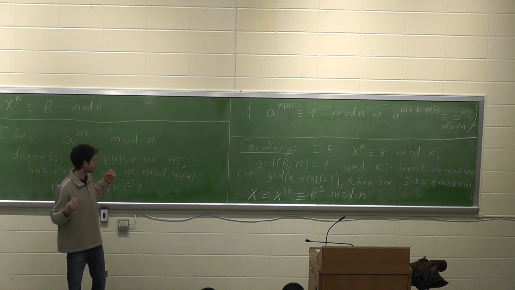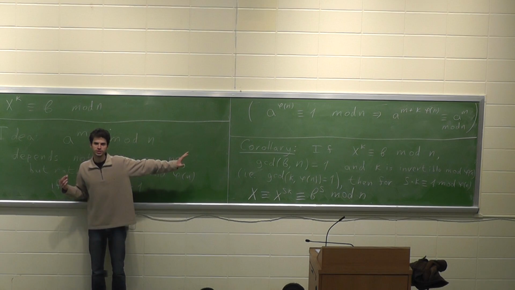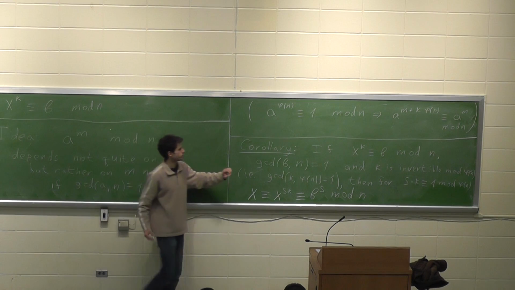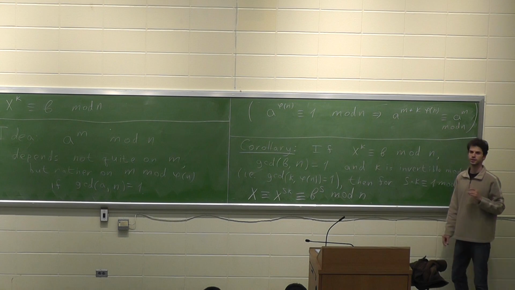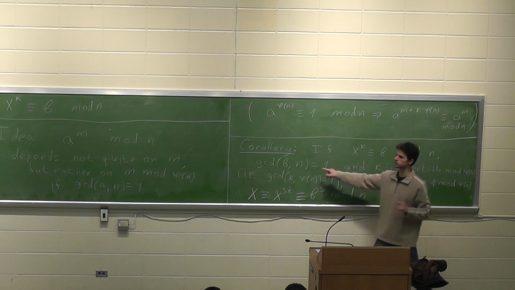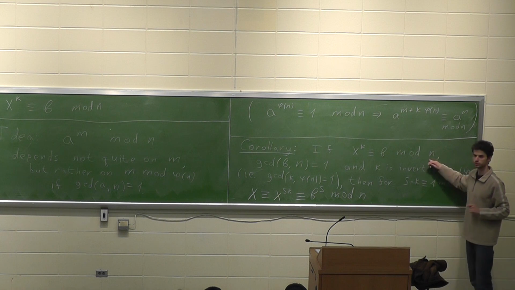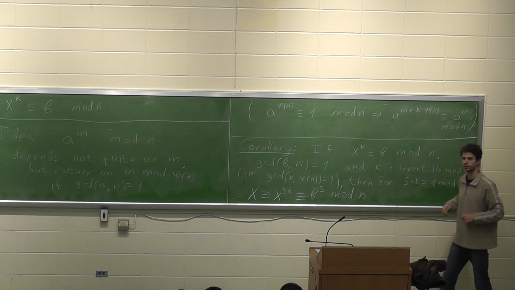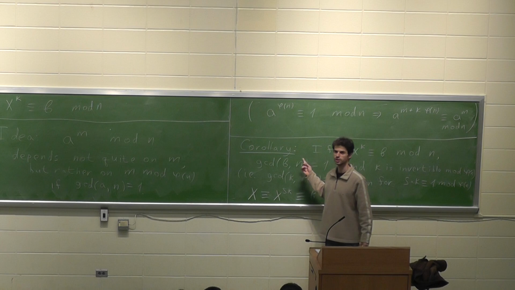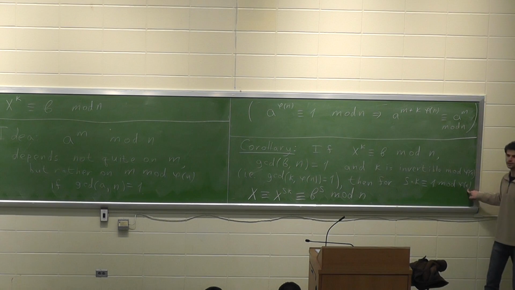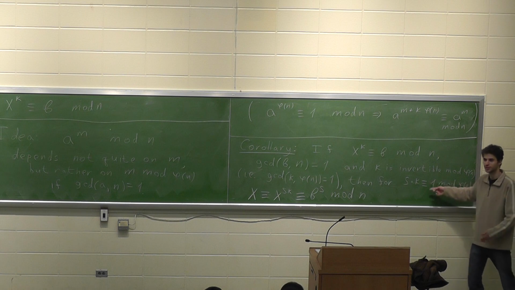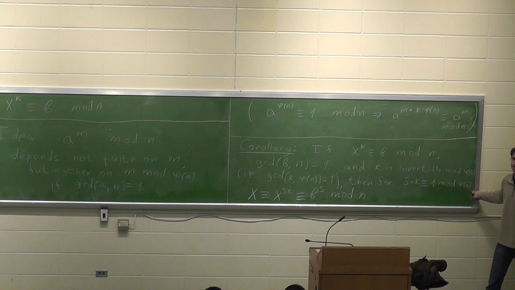So once again, what can we do? The corollary tells you the following information. Suppose you want to extract the k-th root out of number b, and suppose you know that this number b is relatively prime to the modulus n. Well, then you can do it as follows. You can compute 1 over k modulo phi of n, in the sense of the inverse of k modulo phi of n.